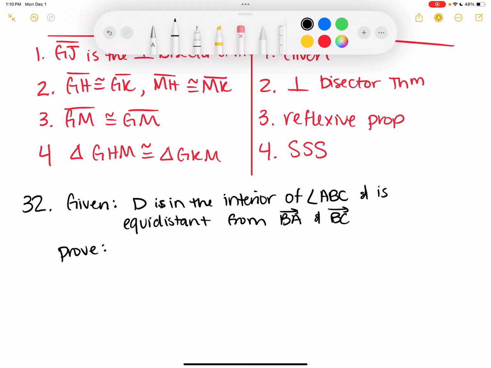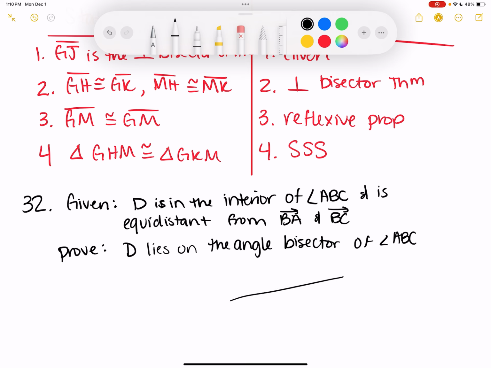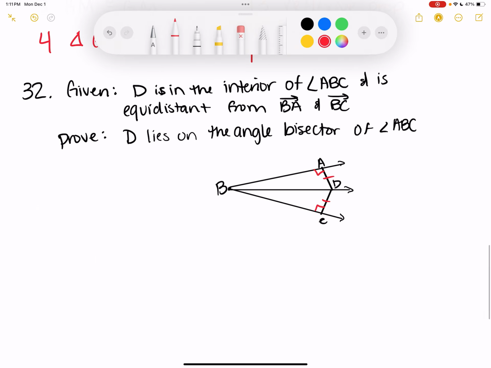Prove that D lies on the angle bisector of angle ABC. And then I have that diagram with it.